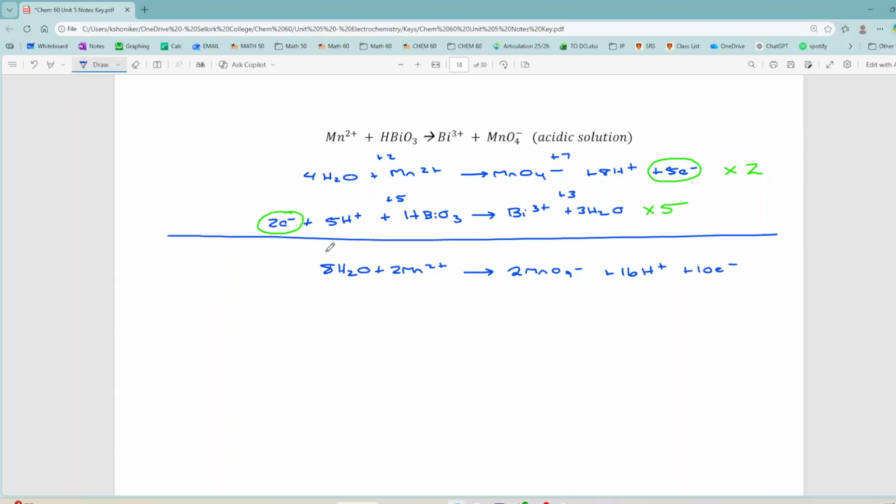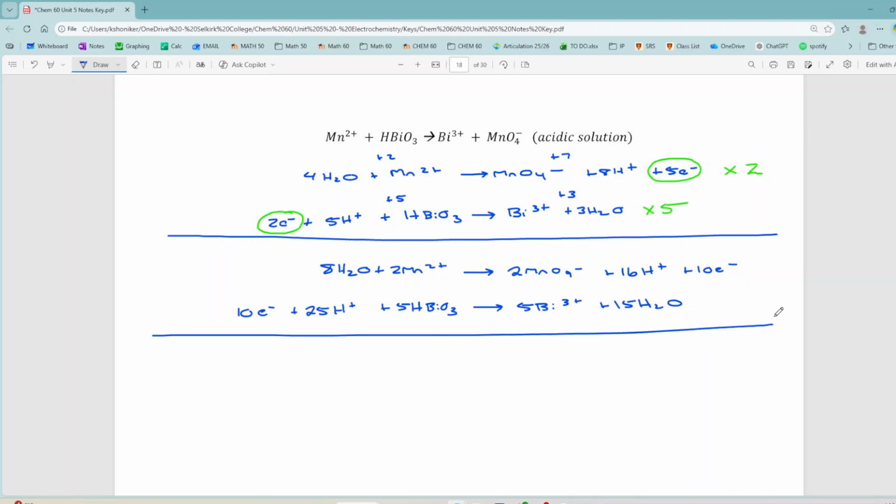Then on the bottom, I'm multiplying everything by 5. So I have 10 electrons. I have 25 hydrogens. I have 5 HBiO3. I have 5 Bi3 plus, and I have 15 waters. Fun, hey?